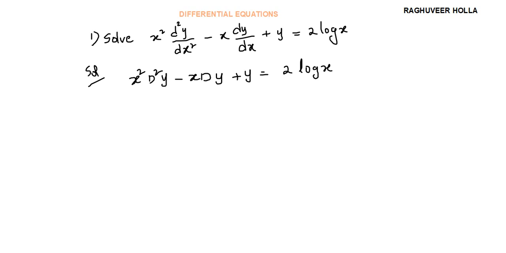Now if I take y as common, I get x square d square minus xd plus 1 into y, which is equal to 2 log x.